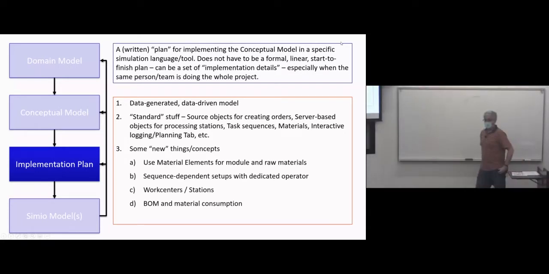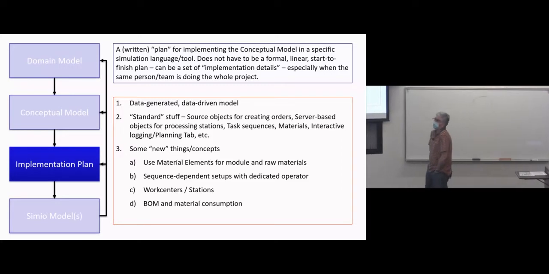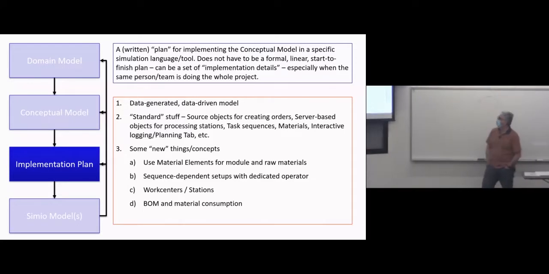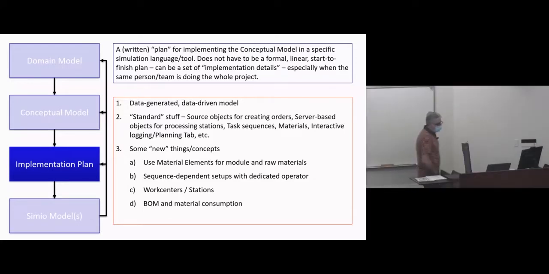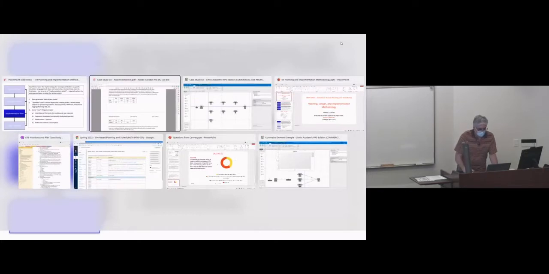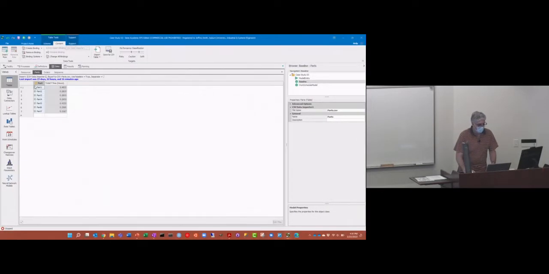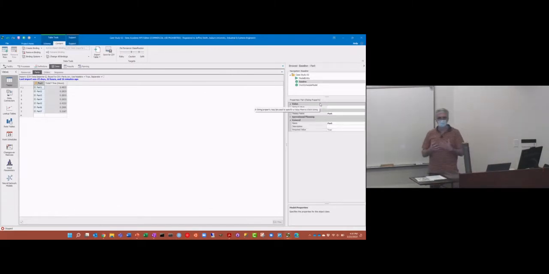With this one, there are some relatively new things, or new to what we've done in this class. And so I've sort of picked out some of the new things that I want to talk about a little bit. One of them is I want to use material elements for a module and for raw materials. We haven't seen this, but I talked about it. If you go back to case study 2 and look at how we define parts, we define parts with a part table and a sequence table, and our parts were defined as strings.